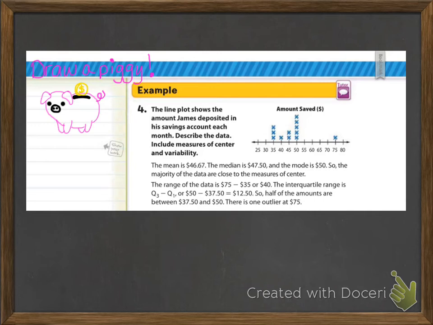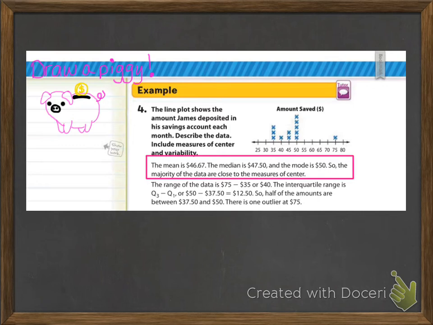Okay, so here what they did is, and you don't have to do this one on your own, they did this for us. So if you look at this first box here, it says the mean is. Now when it's asking you to use measures of center and variability, you have to give me the mean, the median, and the mode. So they went ahead and just listed it. The mean is $46.67. The median is $47.50. The mode is $50.